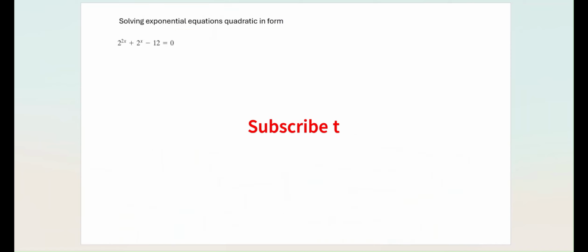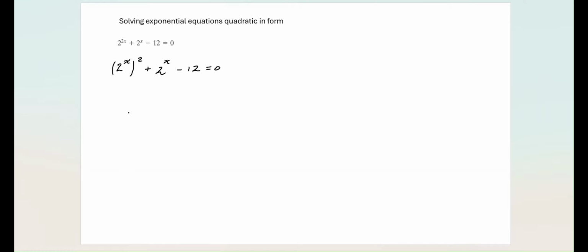My last example is an exponential equation that is quadratic in form. So let's see how we can solve this exponential equation that is quadratic in form. When you see this exponential expression, 2 to the power of 2x, you know that you can rewrite it as 2 to the power of x, squared, plus 2 to the power of x, minus 12 equals 0.